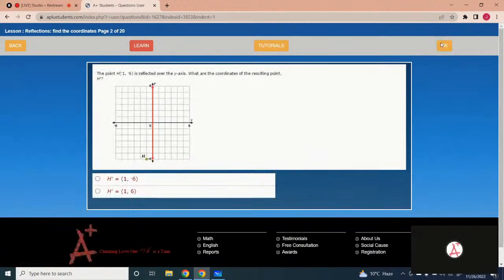Okay, now the point negative 1 and negative 6 is reflected over the y-axis. What are the new coordinates?